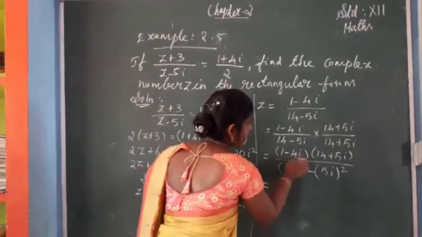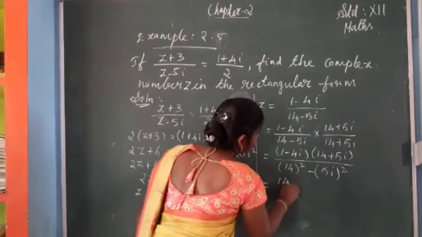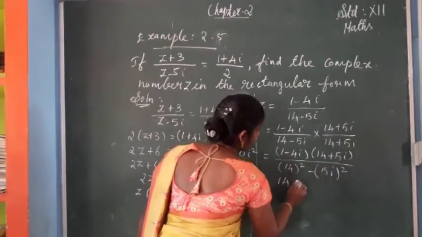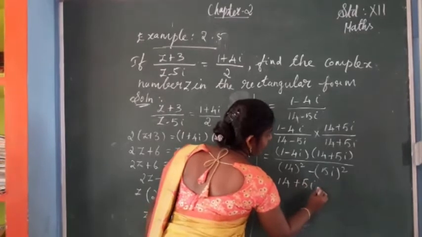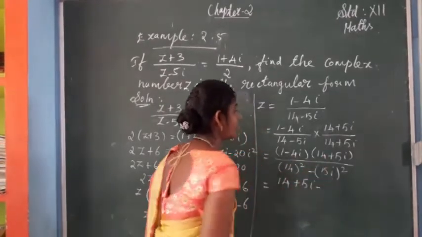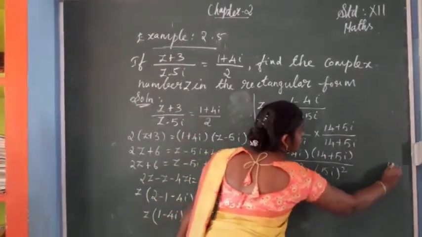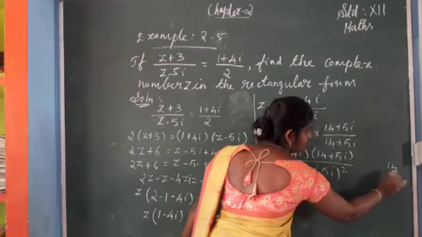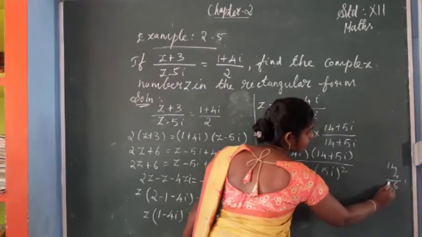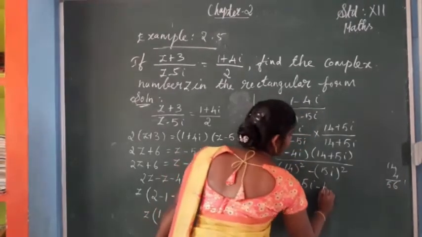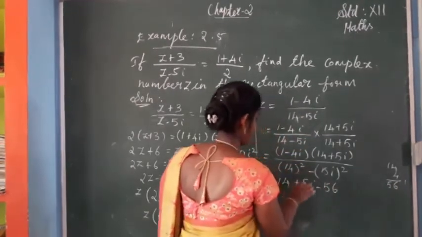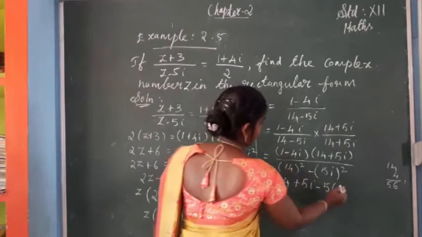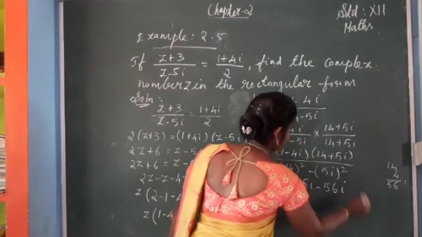Multiply this term. 1 into 14, 14. So 1 into 5i, plus 5i, minus 4 into 14, 4 into 14 is the value 56.